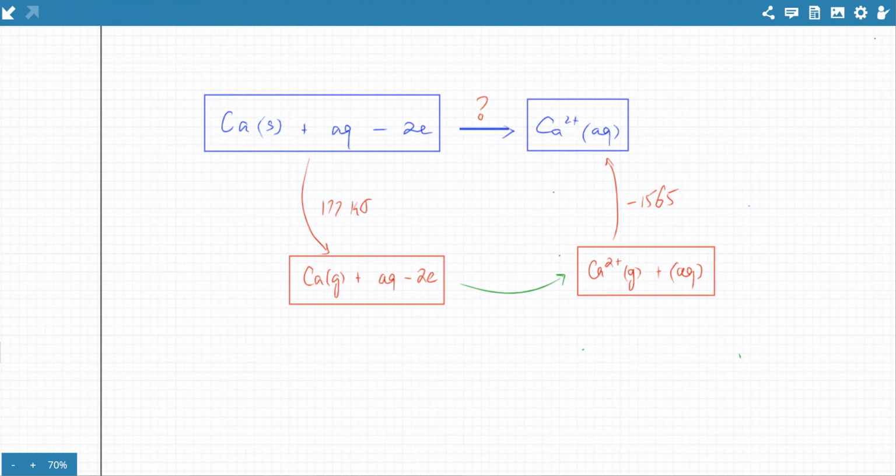It was an ionization enthalpy, right? The calcium loses two electrons, and that's the only thing that's happening. The aqueous part is not doing anything. It only loses two electrons, and that's the first and the second ionization energy of calcium.